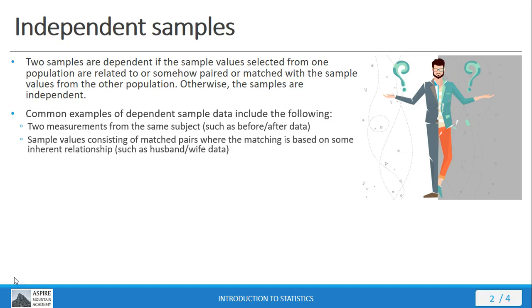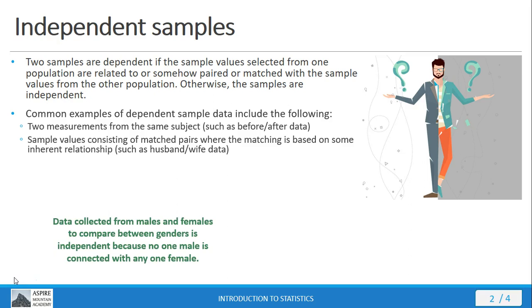Matching pairs where you've got some sort of inherent relationship, like husbands and wives, is another example of matched data and what we would call dependent samples. If we collect data from males and females to compare genders, that's just going to be independent because there's no one male that's necessarily connected with any one female.